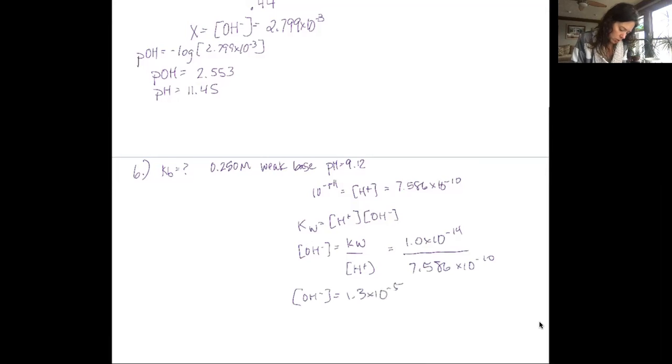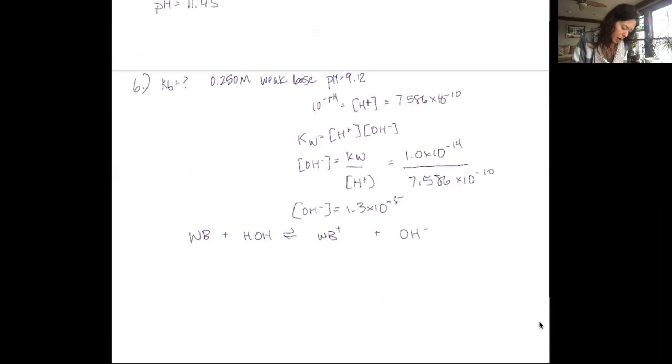All right, so we have a weak base, whatever it is, it's reacting with water. It's likely to become more positive over here. We have 0.250 molar of it. 0, 0, minus x, plus x, plus x, 0.250 minus x, assume x to be negligible.